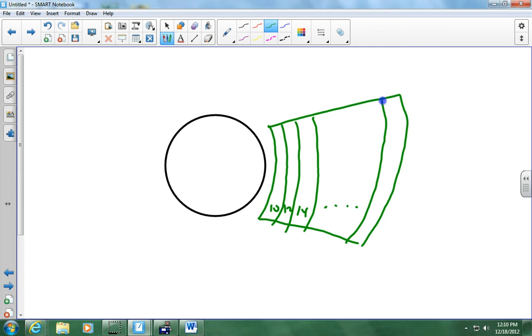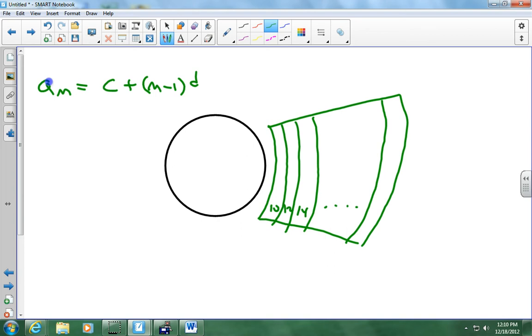It's the first term plus n minus 1 times the common difference. So usually what we say is c plus n minus 1 times d. Why n minus 1? So that when you plug in 1, this zeroes out, and a sub 1 is c.